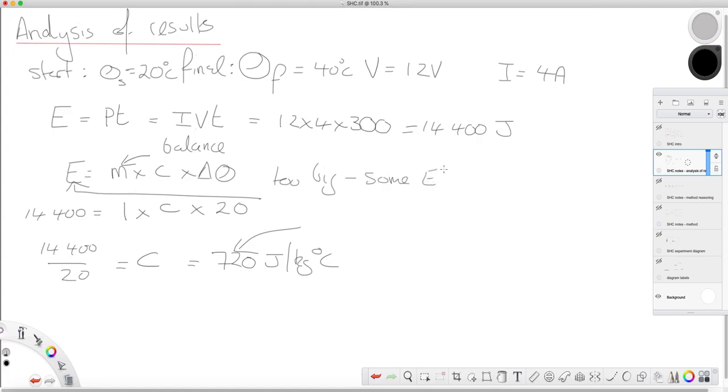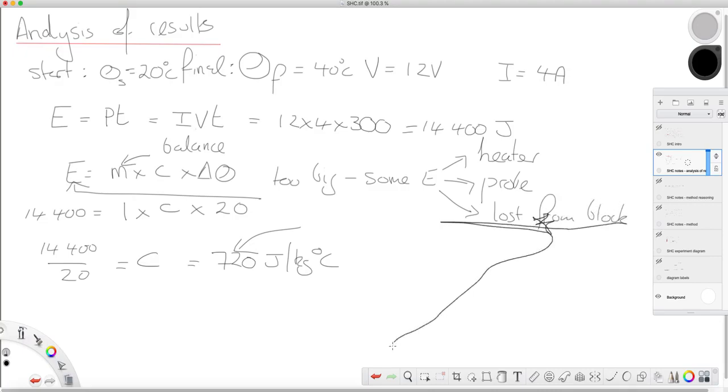Some energy went to heating the heater. Some of it went to heating the probe or the thermometer, depending on what you're using. Some of it was lost from the block. Now we've done what we can to prevent that loss, but some of it has been lost.